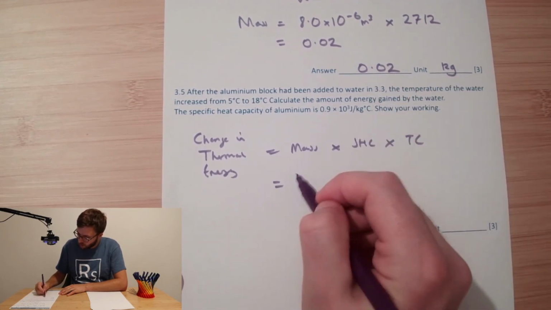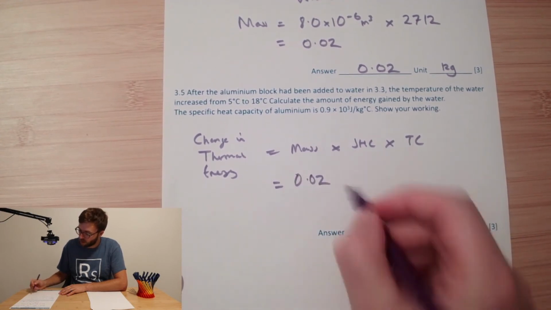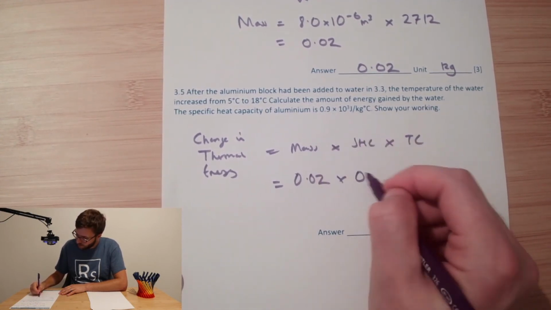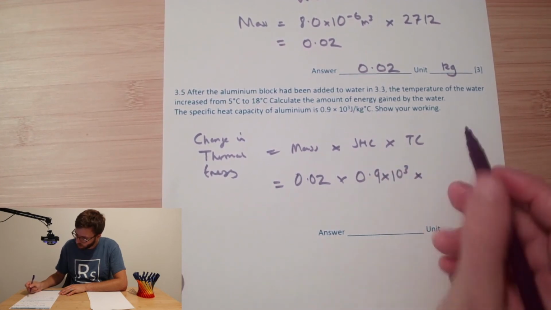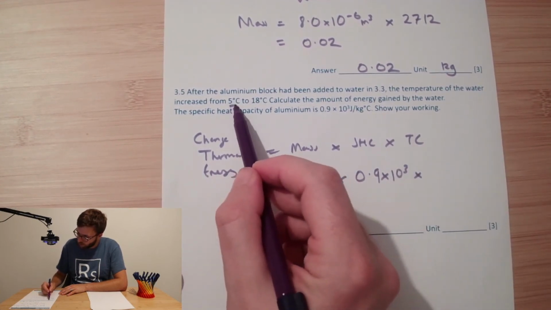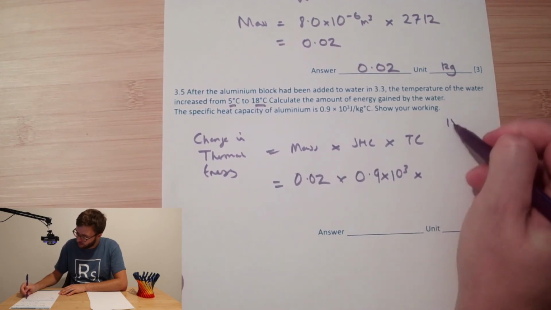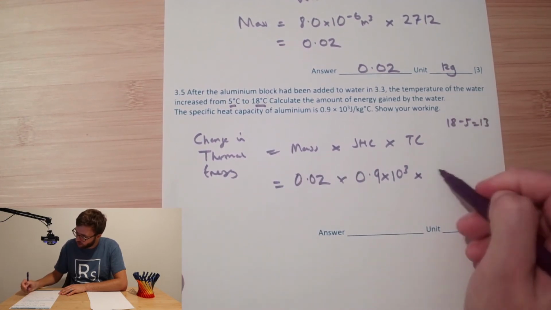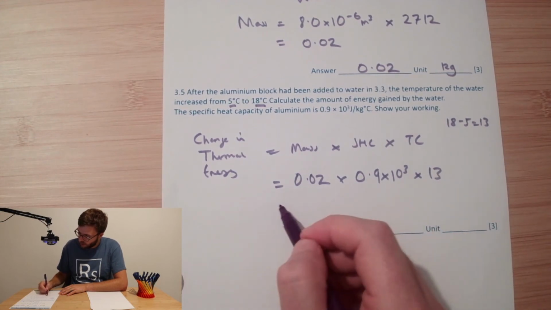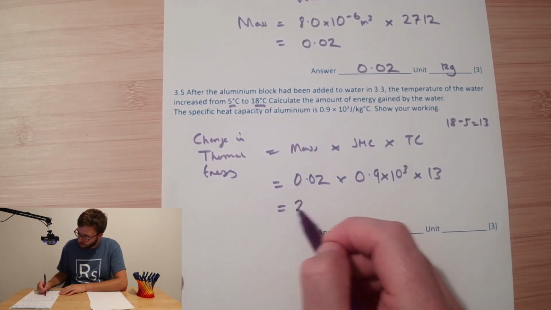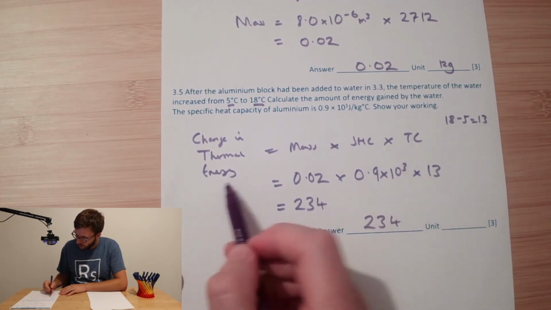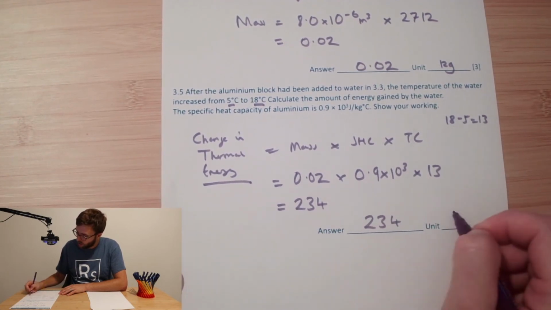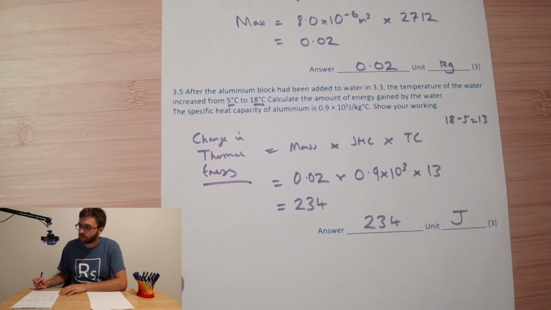The mass we worked out in the question above was 0.02. The specific heat capacity we've got here is 0.9 times 10 to the 3, multiplied by the temperature change. It went from 5 to 18, so the temperature change was 13 degrees Celsius, and if we work that out, we get 234. And because it's a change in thermal energy, our unit will be joules.